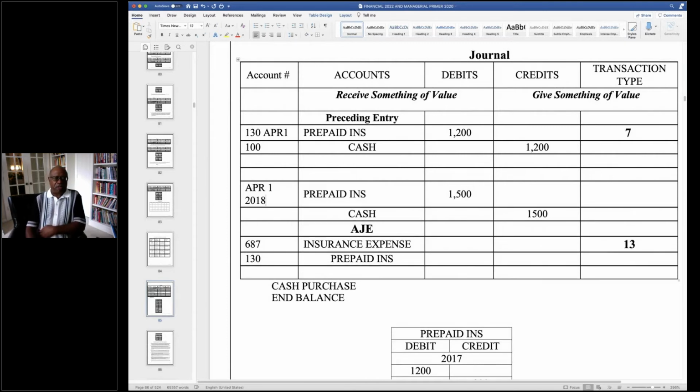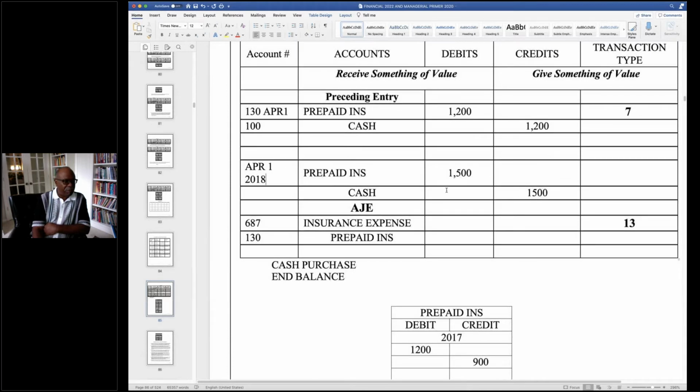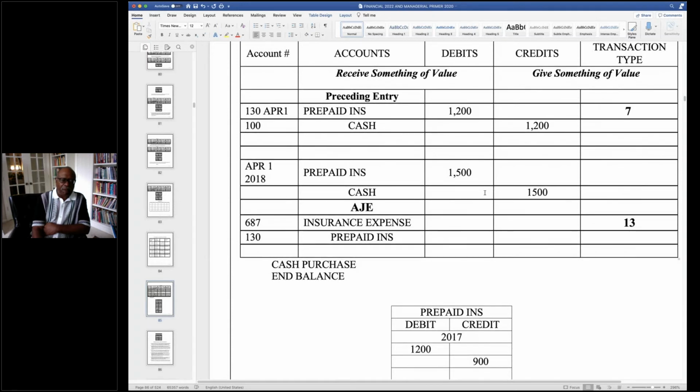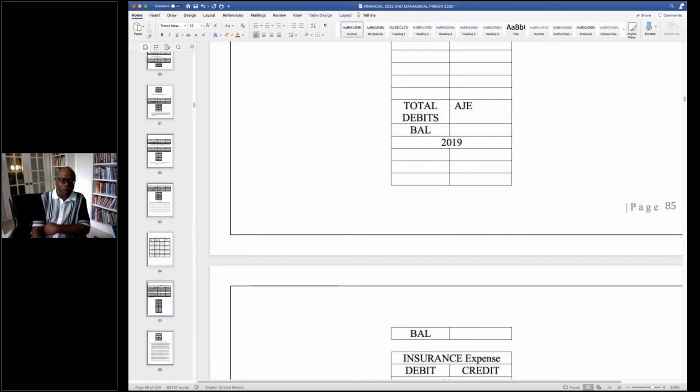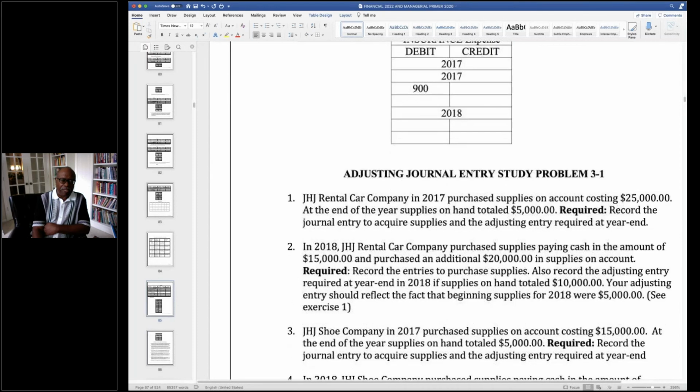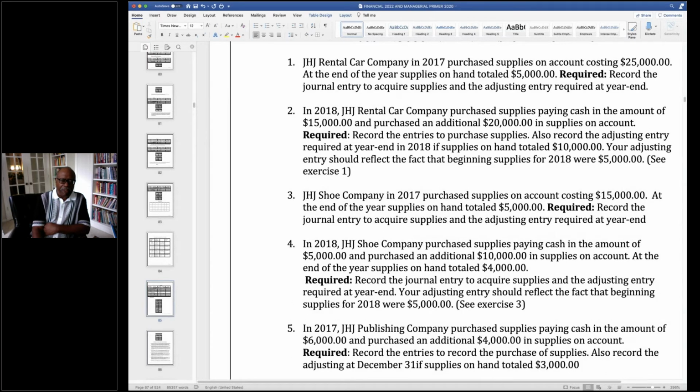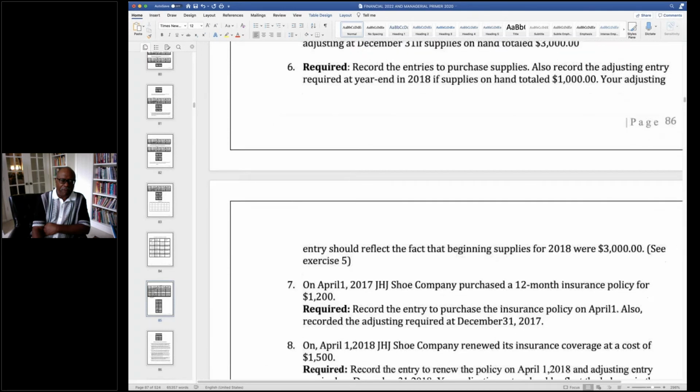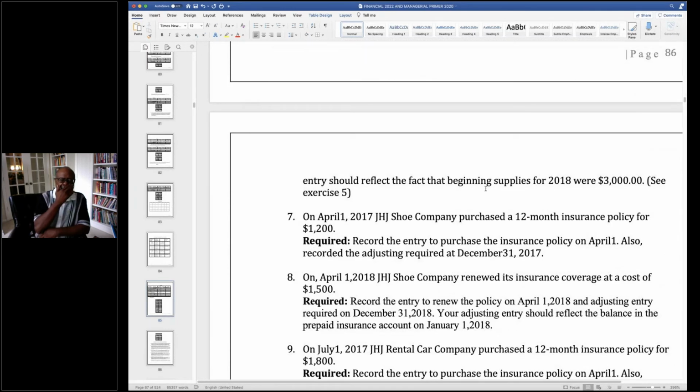So how much is our adjusting entry going to be? For the same 9 months? No. It's 8 months. No, wait, hold up. Can you scroll down to the question again? I just wanted to look at the month. This is number 8, right? It says April 1st, then April 1st to December 31st. Oh wait, but then it says January 2018. So I thought it would be 9 months.